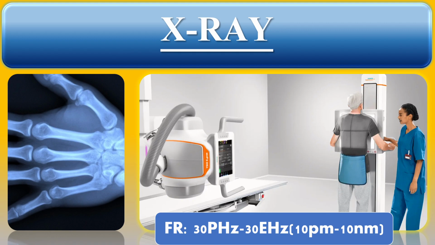In this way you can see the whitish portion is where the X-rays are reflected back, and the blackish portion is the soft tissue in which the X-rays have penetrated. So this way you can understand.